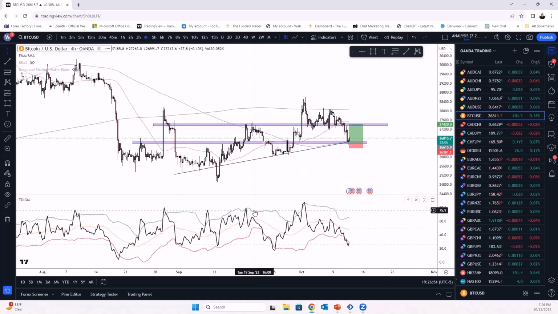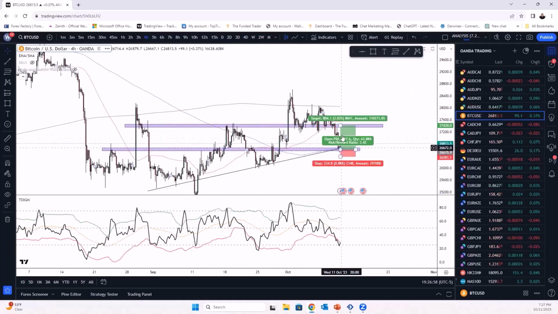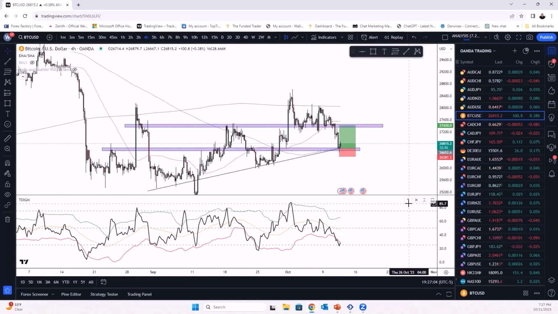That's the setup on Bitcoin. We're going to go from here up to there. All right, and so that is just a shark fin play.